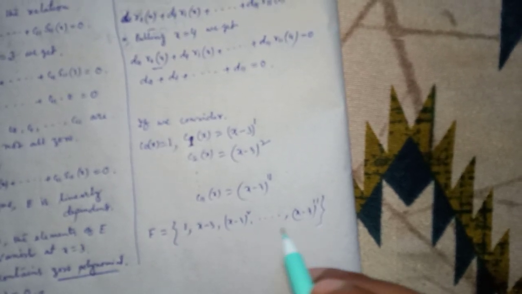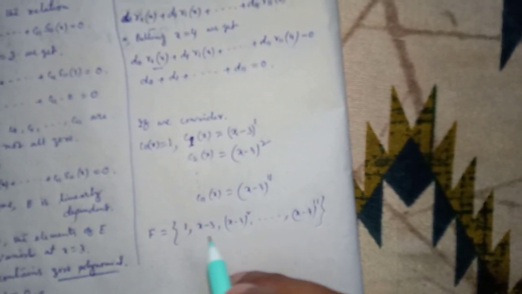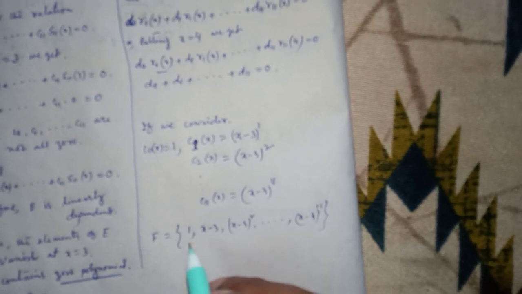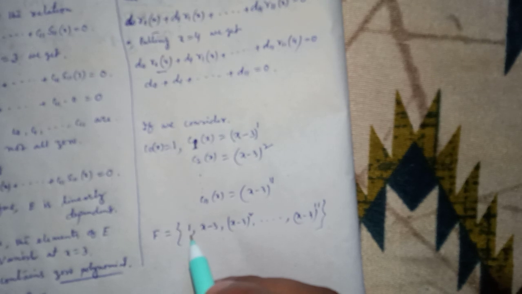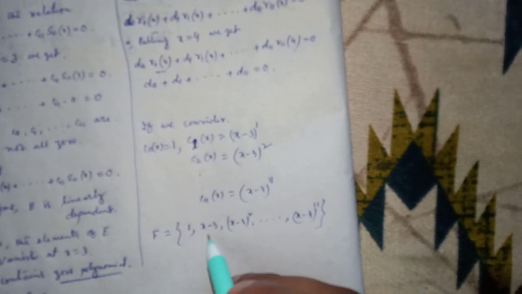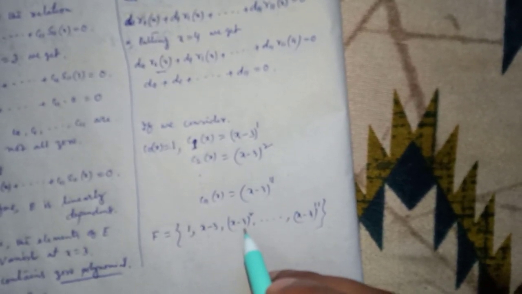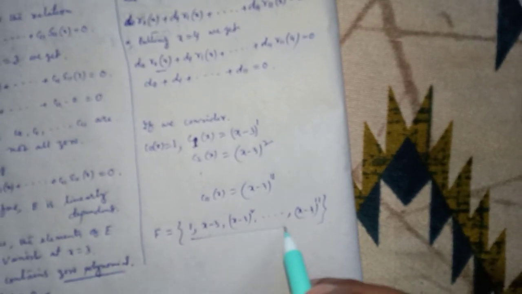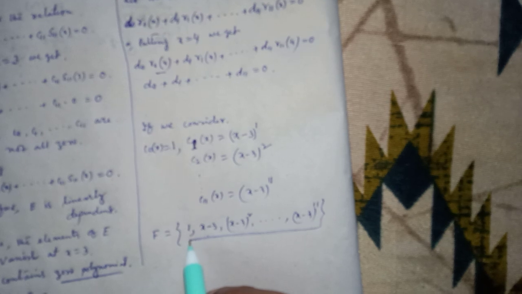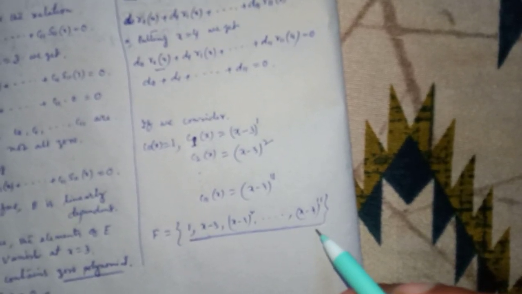This set contains 12 elements and satisfies the condition c0(4) = 1, c1(4) = 1, c2(4) = 1, up to c11(4) = 1. And obviously this set is linearly independent, that is, this set is not linearly dependent.